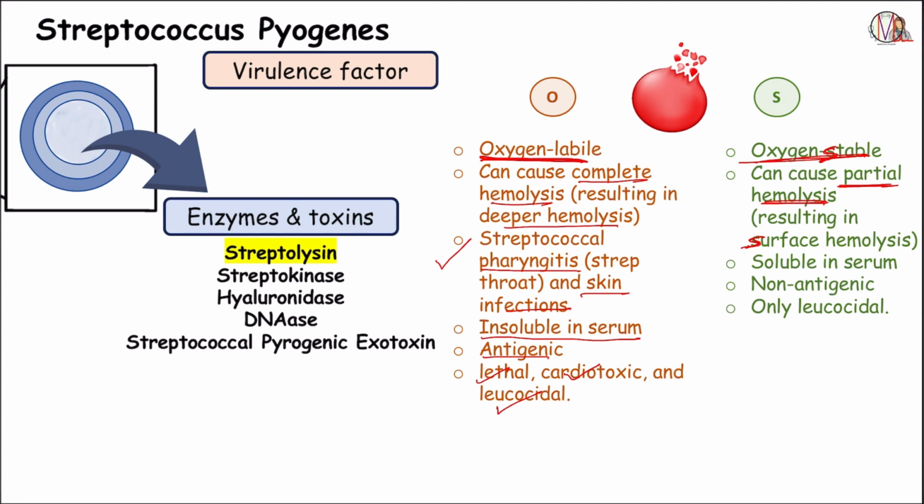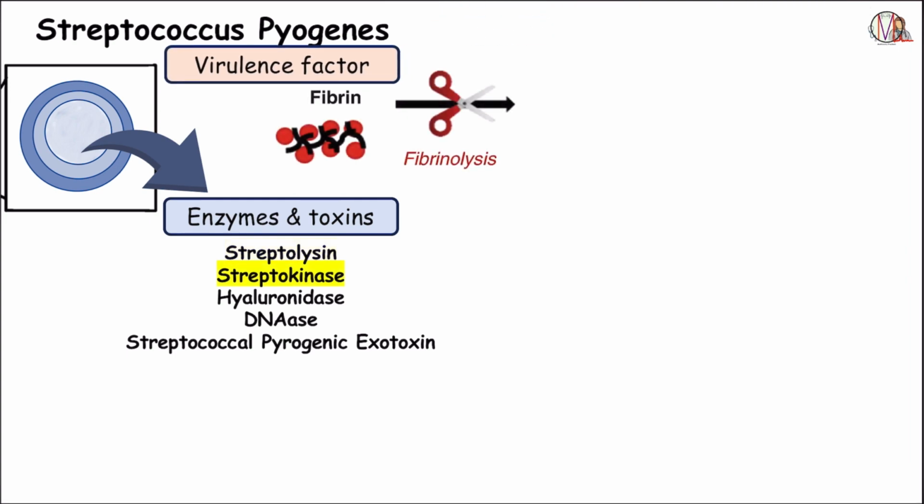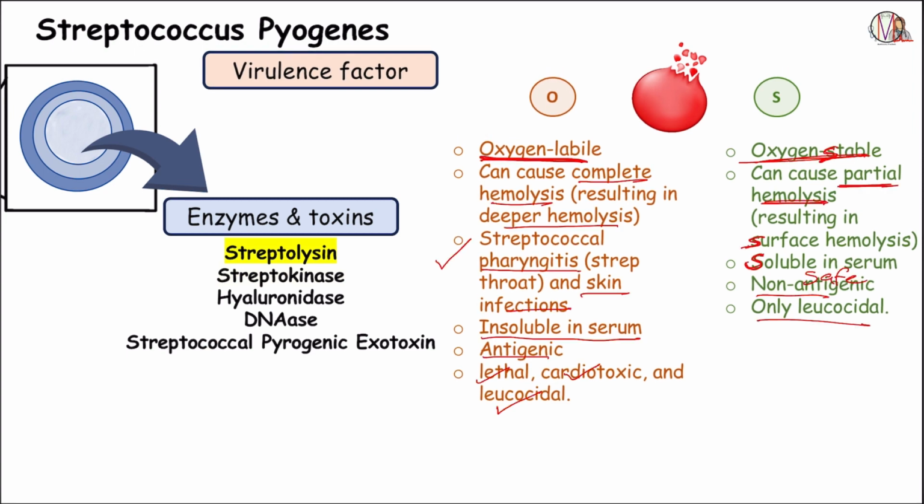Streptolysin S is soluble in serum and it is non-antigenic and it is only leukocidal. These toxins play a role in the pathogenicity of Streptococcus bacteria by aiding in tissue destruction and invasion of the host immune response.